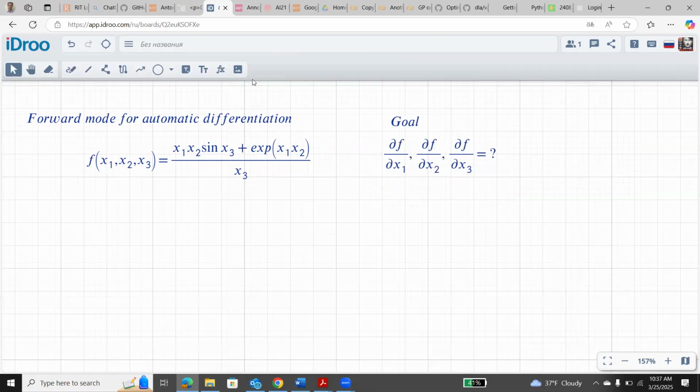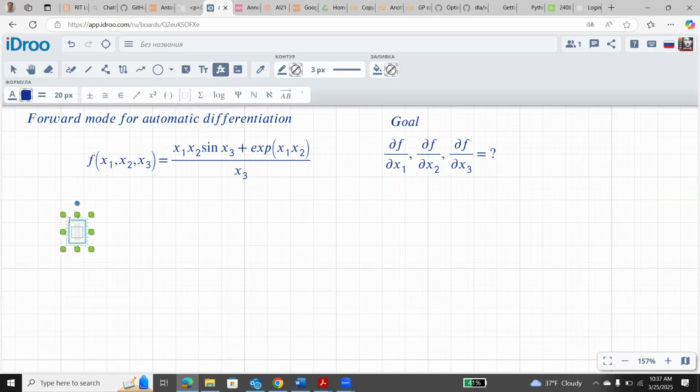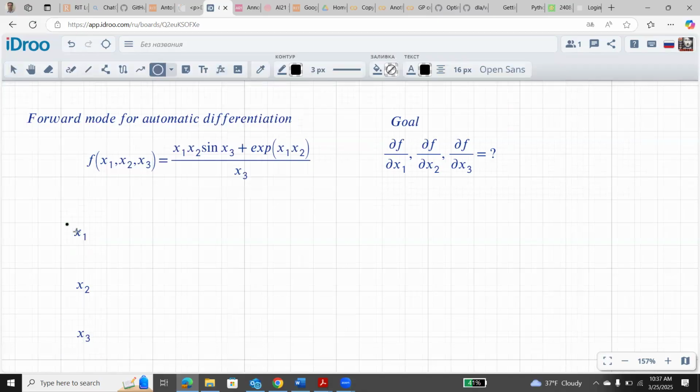So first, let's build the so-called computational graph. How a computer actually evaluates a function. We have three inputs, x1, x2, and x3. And then we should apply the multiplication operation between the first two variables.